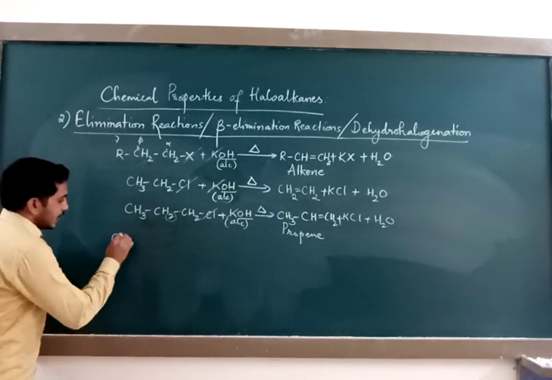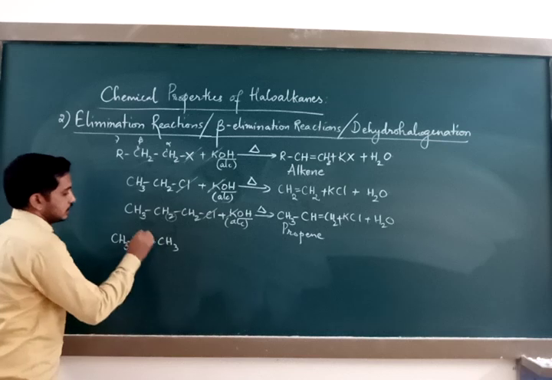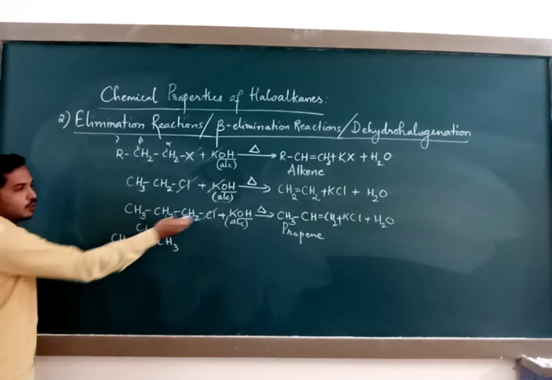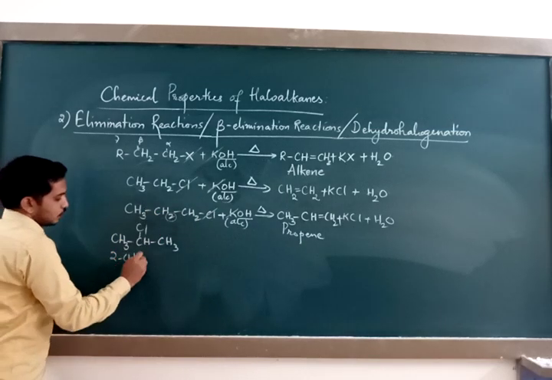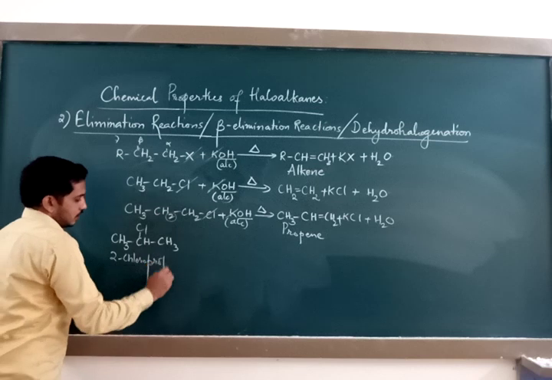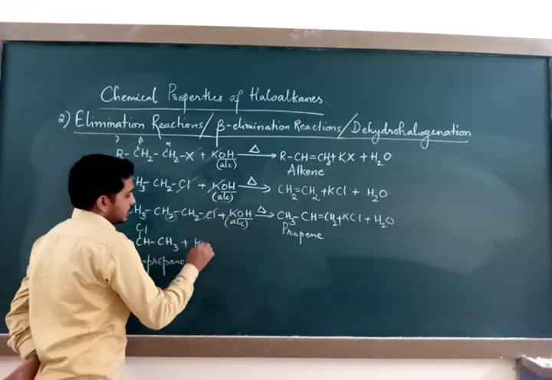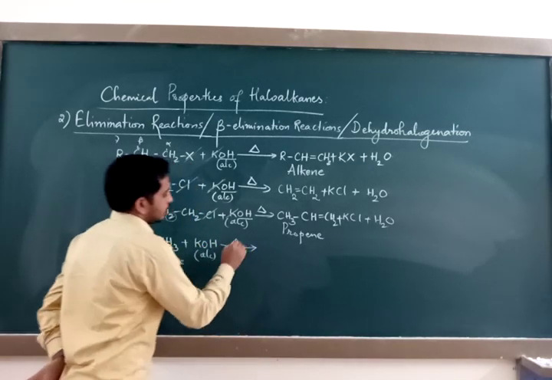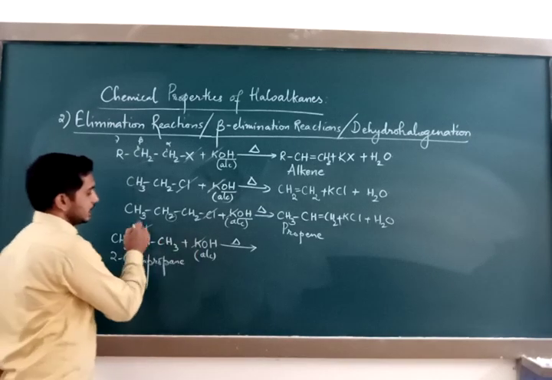If the reactant is CH3CH2CH2Cl, this was propyl chloride, n-propyl chloride or 1-chloropropane. This other one is 2-chloropropane. If this is heated with alcoholic KOH, then you will eliminate K and Cl.